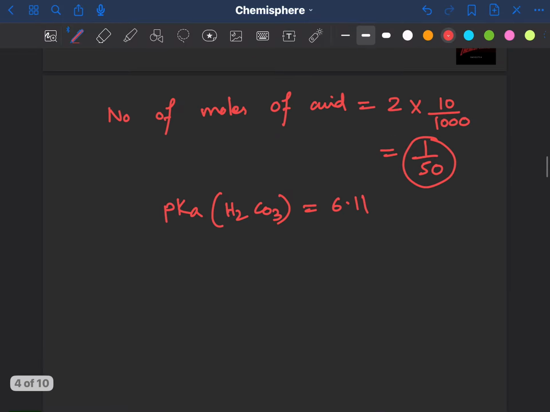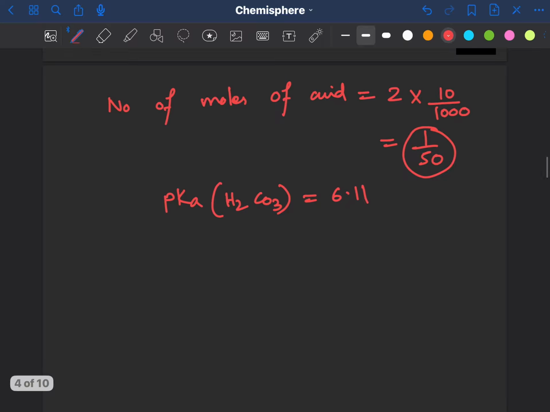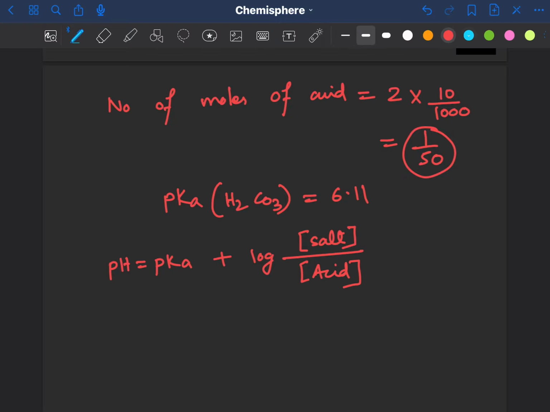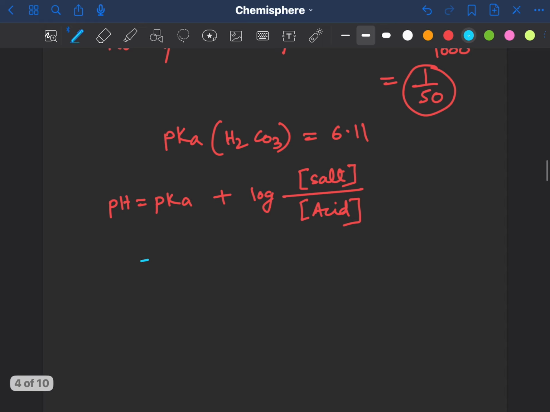Therefore, substituting the values in the Henderson-Hasselbalch equation, pH is equal to pKa plus log of concentration of salt by concentration of acid. The pKa is 6.11 plus log of concentration of salt. Concentration is molarity, which is number of moles divided by volume of the solution in liters.